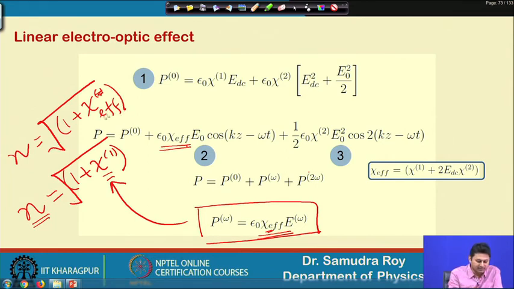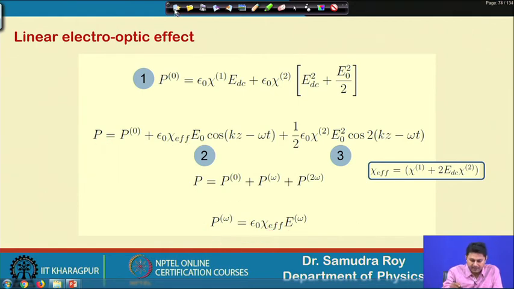So, this chi effective is a new term, as I mentioned, which changes the refractive index. If I write n, then I should write here n effective. So, the effective refractive index is going to change because of the application of the DC electric field.